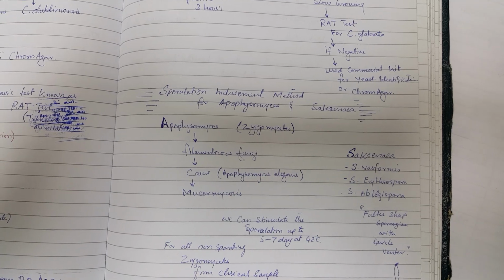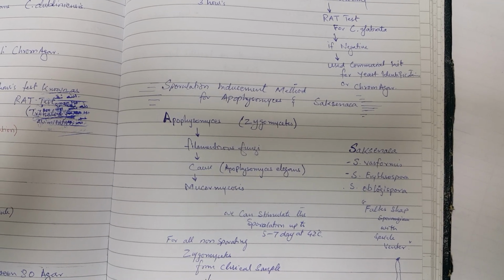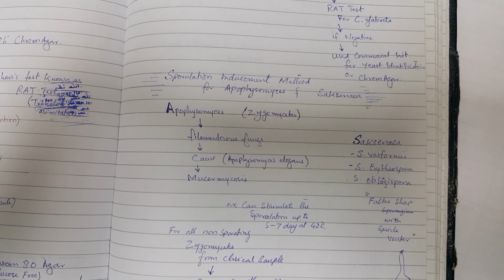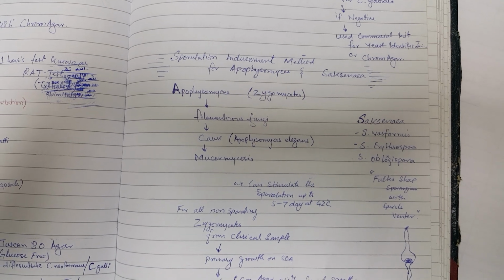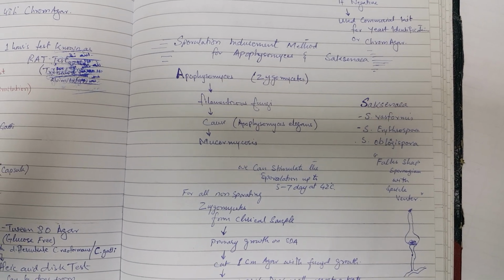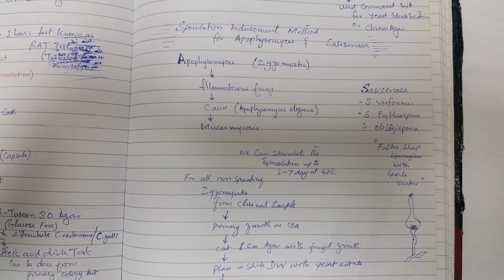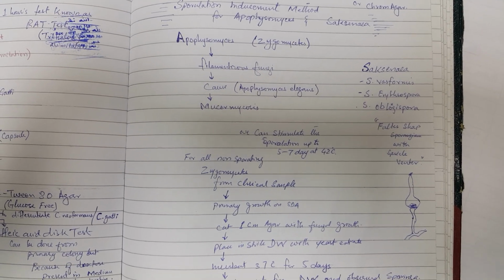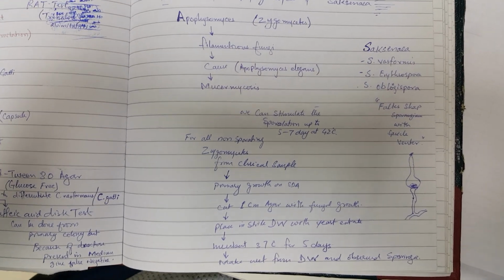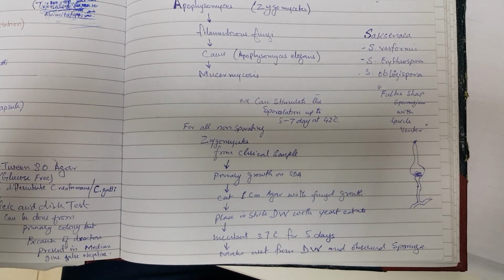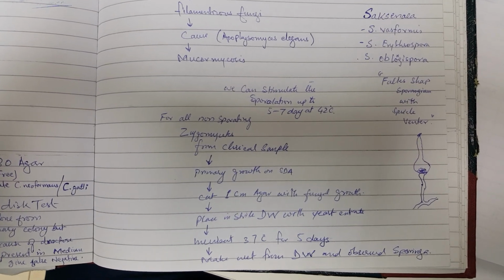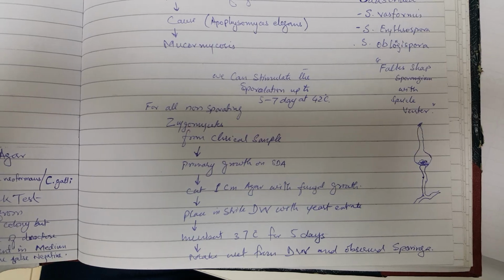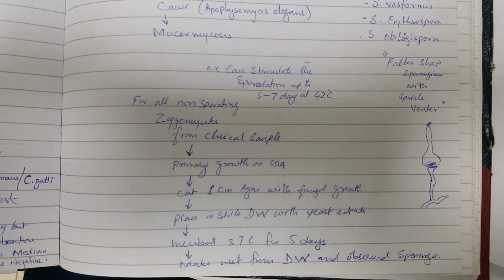We can stimulate sporulation in 5 to 7 days at 42 degrees centigrade for all non-sporulating zygomycetes from the clinical sample. From the primary growth on SDA, cut a 1 centimeter agar block with the fungal growth and place it into sterile distilled water with yeast extract. Incubate at 37 degrees centigrade for 5 days, make a wet mount from the distilled water and observe the sporangia.